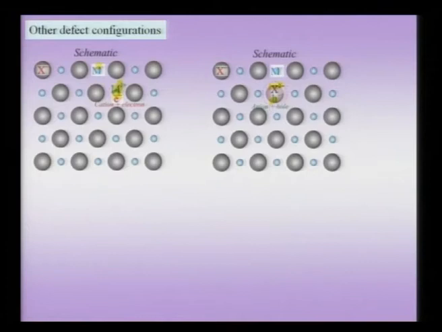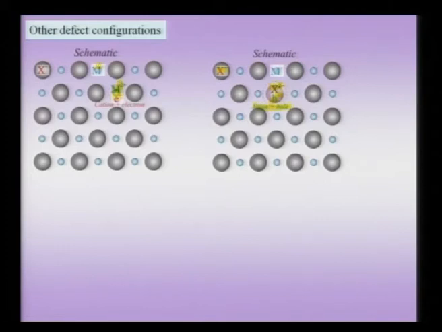For instance, this could be a divalent cation with an associated electron. The other possibility is, of course, instead of having a monovalent anion, I could have a divalent anion. In this case, to maintain charge neutrality I would need a hole. So this would be an anion and a hole combination which is giving me my charge neutrality in this system.